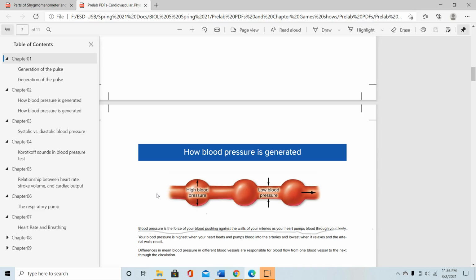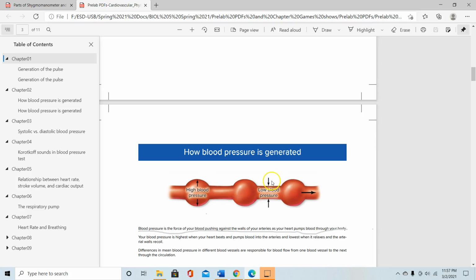When your heart contracts, blood is flowing through the artery, and during the systole, or contraction time, the blood pressure will be like this. And then when your heart relaxes, blood pressure drops. So blood pressure during the contraction phase of the heart is called systolic blood pressure, and this is the high blood pressure.